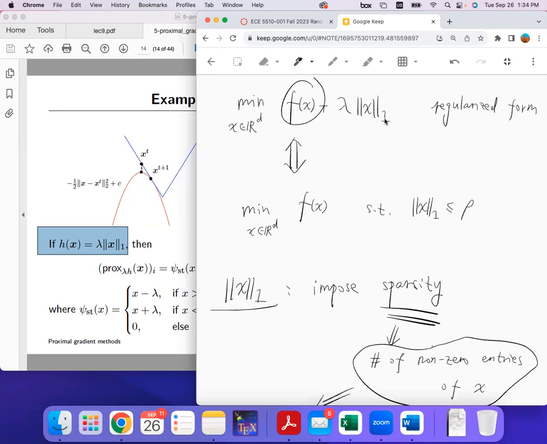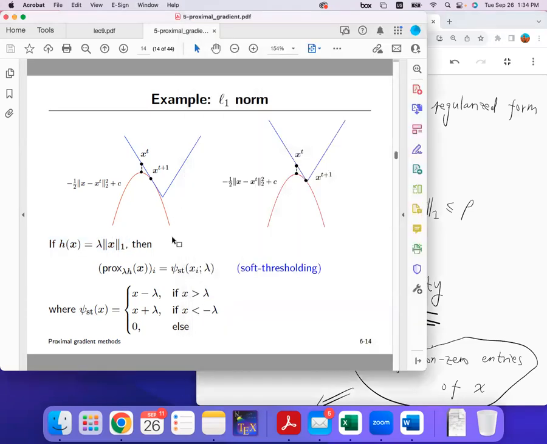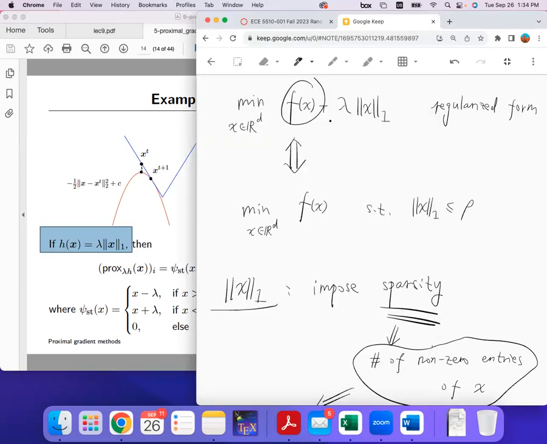Lambda is a coefficient that balances these two terms. If you choose a very large lambda, you are penalizing the L1 norm heavily. If you choose a small lambda, the weight becomes less important. So this lambda is something that you will pick. But in this problem, H is lambda times the L1 norm.